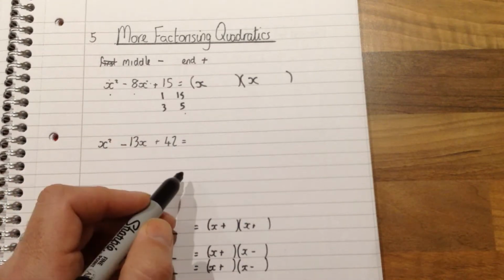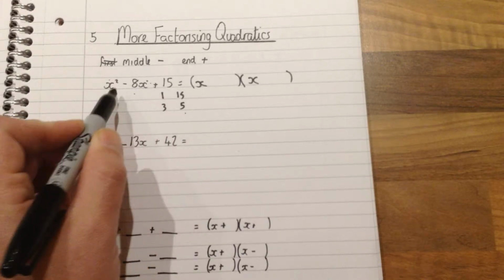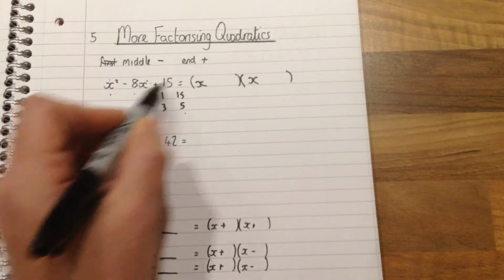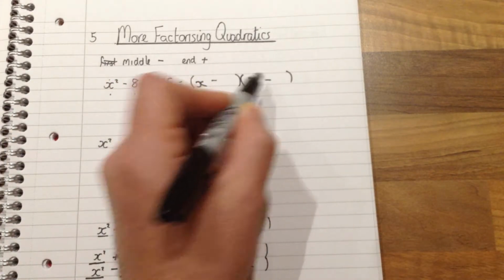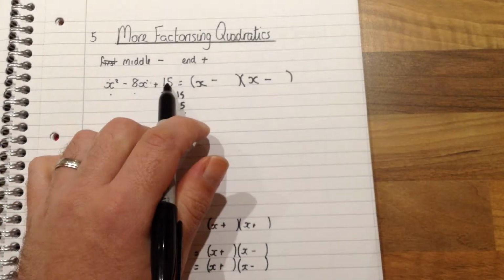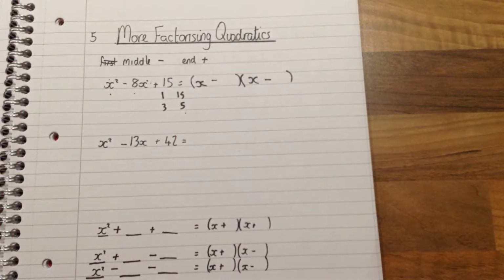So what we actually get is that because we've got a plus on the end and a minus here, whenever you see a question like that, both of the brackets will contain a minus. So if you've got a plus at the end and a minus with this middle one, both the brackets will be minus.